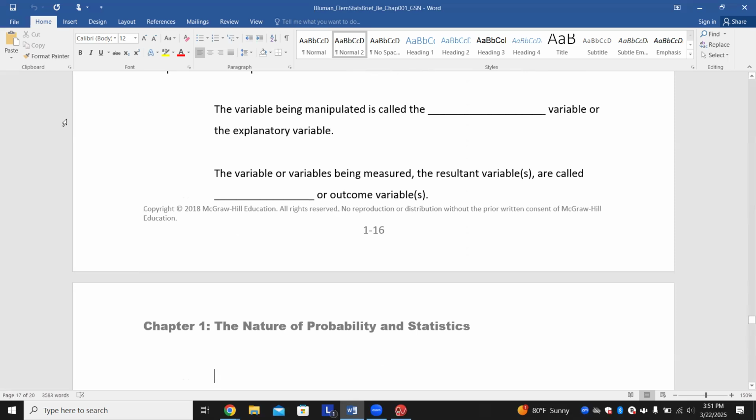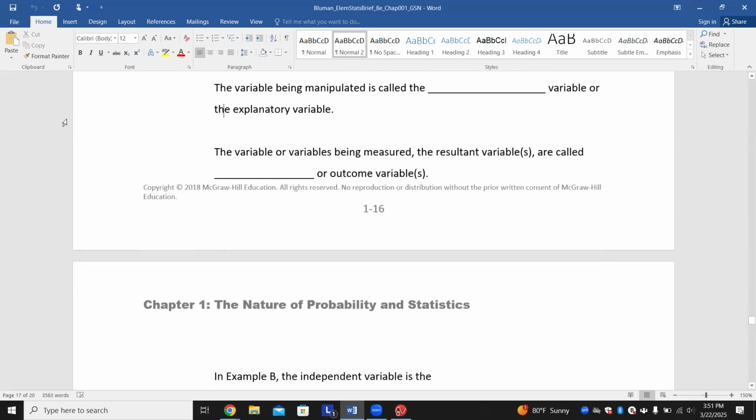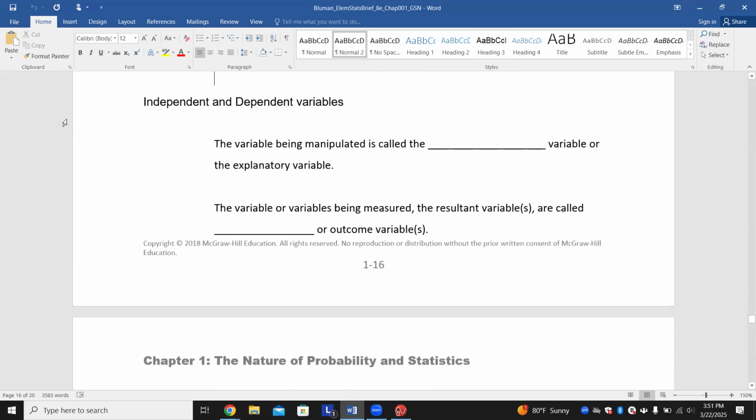So the next set is we have what we call independent and dependent variables within this experimental stuff. The variable being manipulated is called the independent variable. So whatever is being manipulated, being changed or taken out, again, is the independent variable or the explanatory variable.